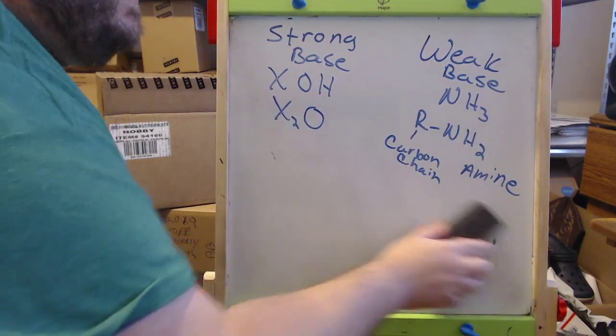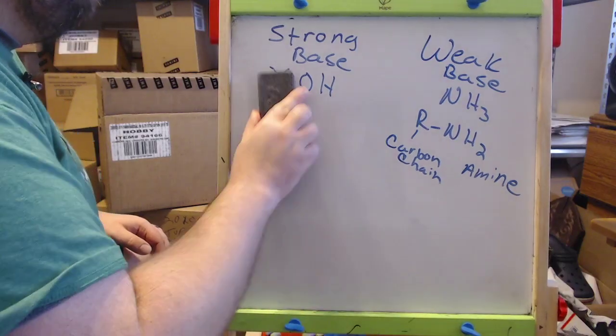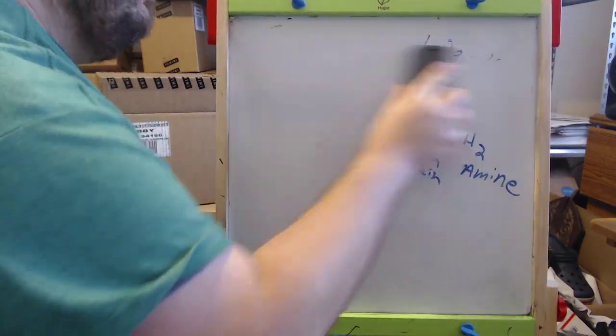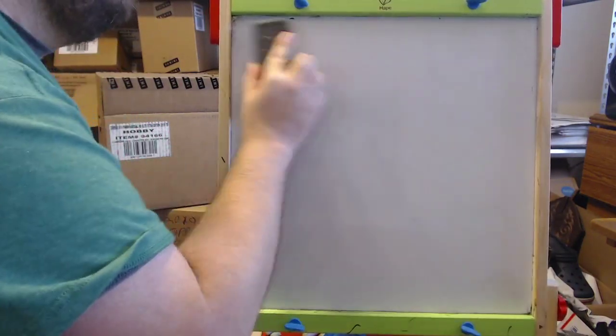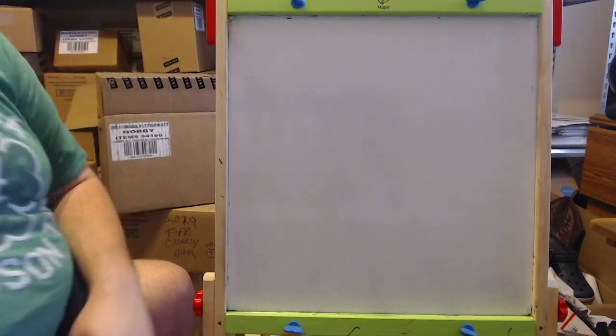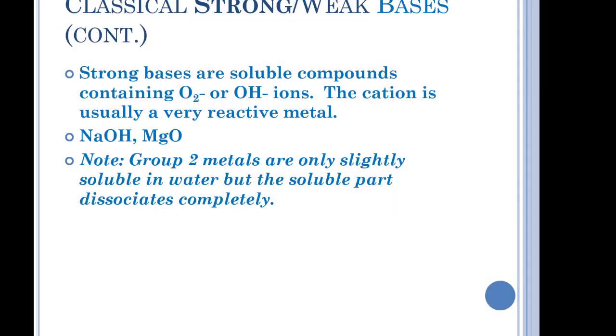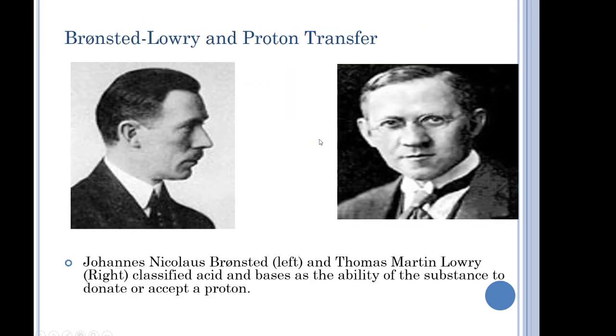So we need a new definition for acids and bases that includes everything. And the guys to come up with that are these two right here: Bronsted-Lowry.